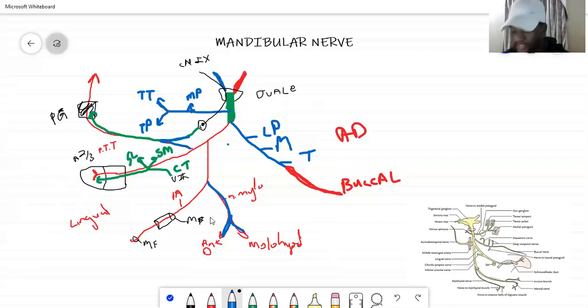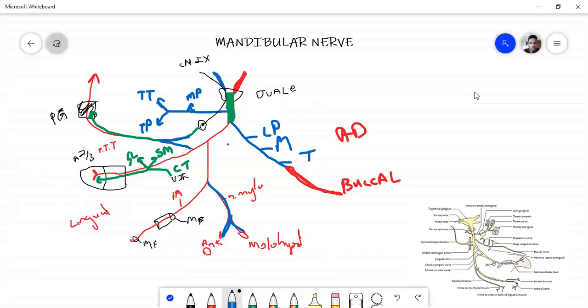This is easy stuff. So with that being said, guys, I hope you understood what we covered today. And one other thing you must understand is that the trigeminal nerve acts as a carrier. It doesn't carry parasympathetic fibers of its own. It does not have the origin for parasympathetic fibers, sorry, but it carries them, right?